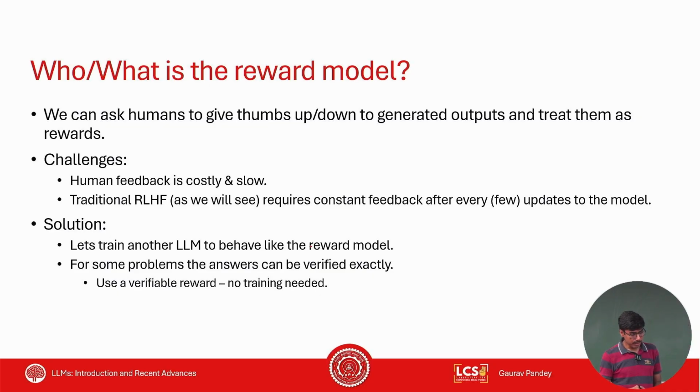In some cases, the answer can be verified exactly, so you actually don't need a reward model. Can you think of some scenarios where you don't need a reward model to tell you if something is generated correctly or not? Mathematical questions. If you have the ground truth available, let's say the final answer you are supposed to reach is 23.